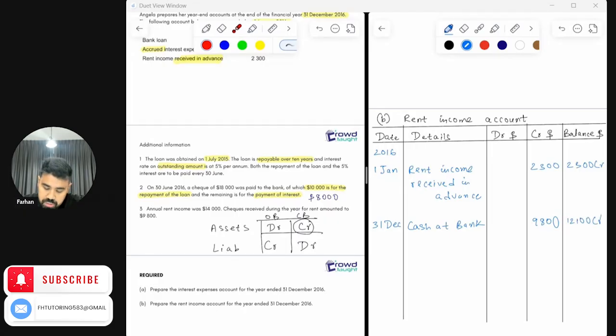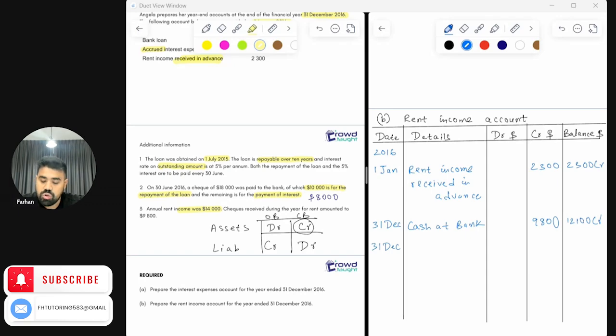Then at 31 December, we also have to include the amount for the actual rent income for the 12 months, which we are going to transfer to the profit and loss account, or the income statement, or the statement of financial performance. Based on the question, the annual rental income was $14,000.